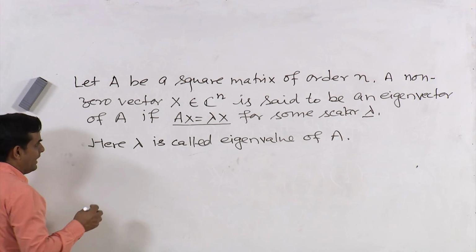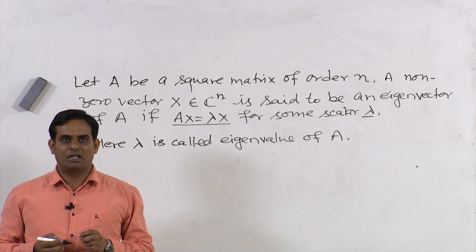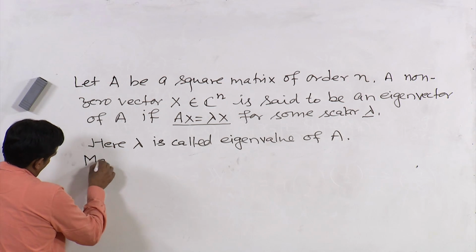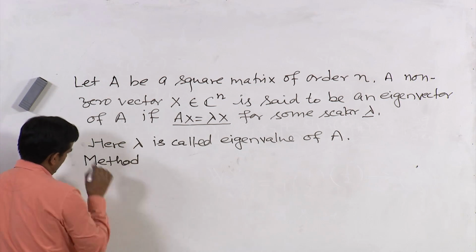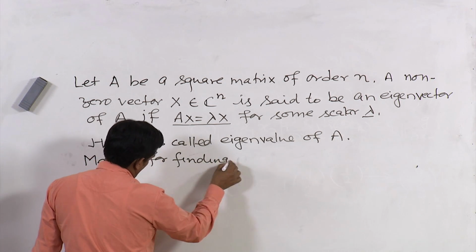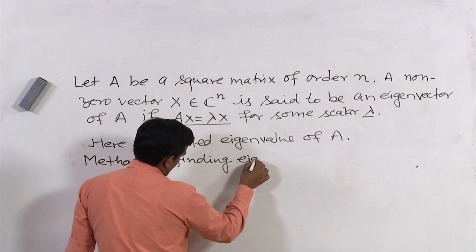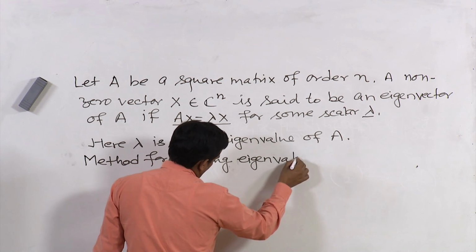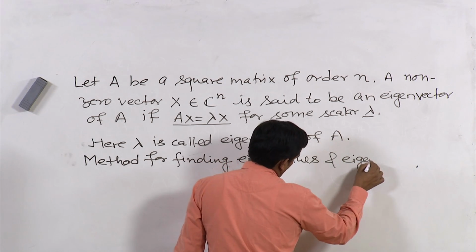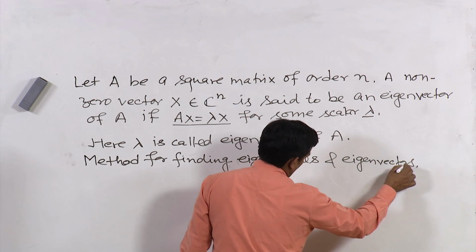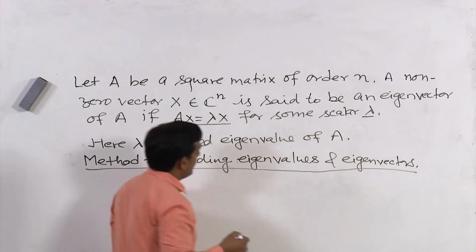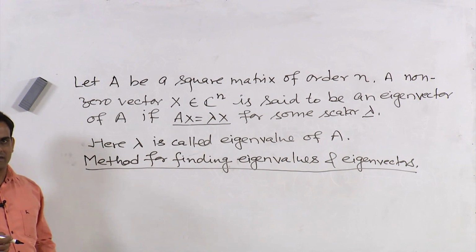Now, how to find eigenvalues and eigenvectors of a given matrix? The method for finding eigenvalues and eigenvectors: look at this definition of eigenvectors.